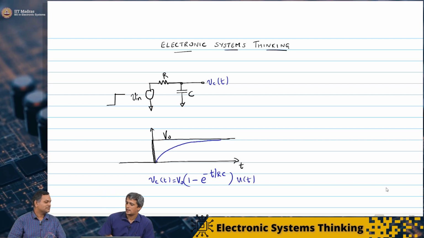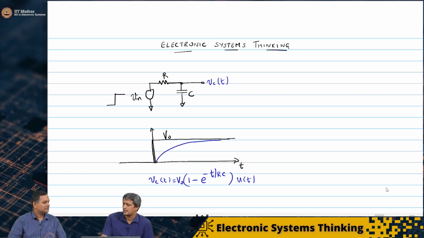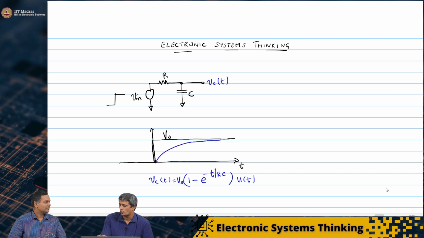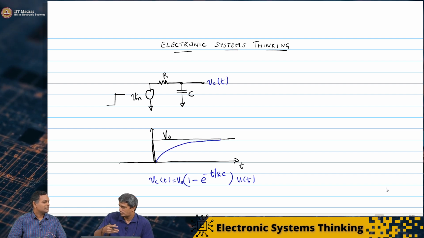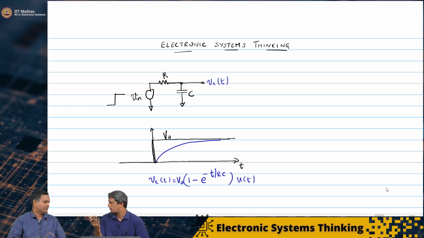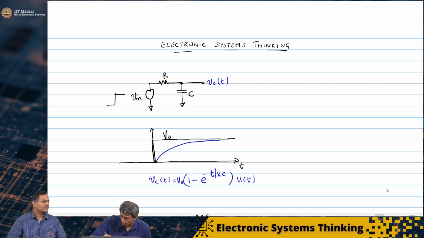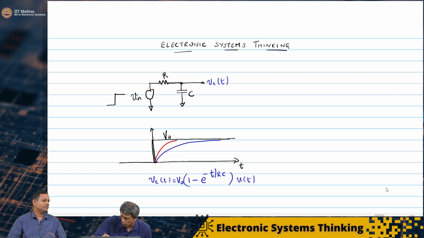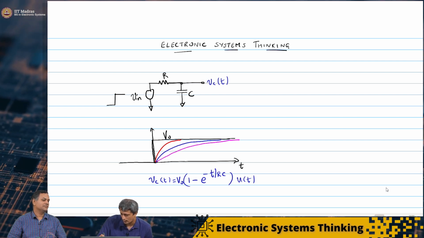Since it takes infinite time to reach the final value, any RC circuit would take infinite time, so that doesn't tell us how fast it is. A faster RC circuit would reach the final value sooner, and a slower one would take longer.